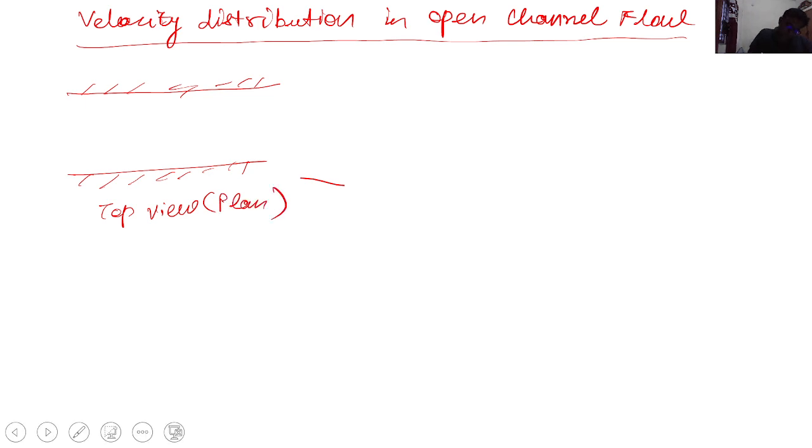The velocity distribution would look somewhat like this. The largest velocity will be right at the center of the stream, equidistant from both the banks, because the boundary effects would be minimized. So this is the top view or the plan, and these two are the stream banks.